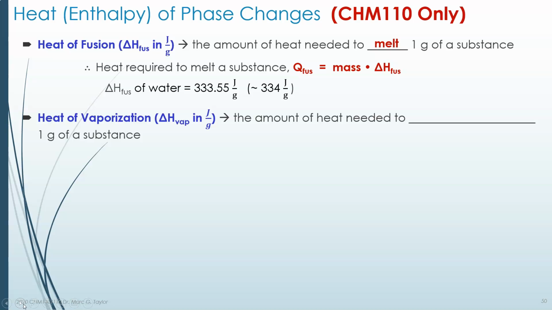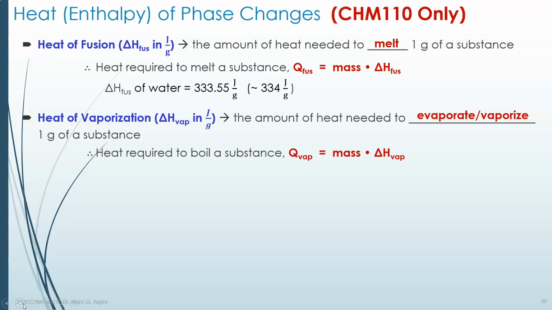The heat of vaporization, as the name suggests, is the enthalpy of vaporization, or the amount of joules to, in this case, vaporize or evaporate 1 gram of a substance. So the heat required to boil a substance, or to vaporize or evaporate a gram of substance, the total heat, Q, is just going to be equal to the mass of whatever substance you're dealing with times its enthalpy, or heat of vaporization.